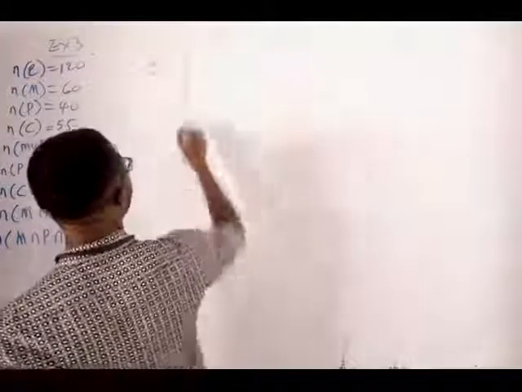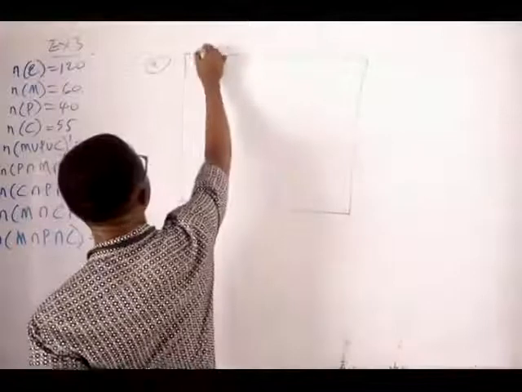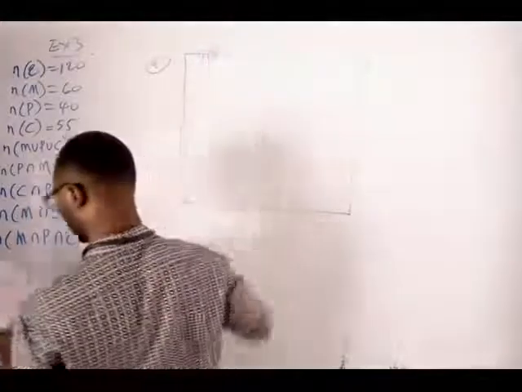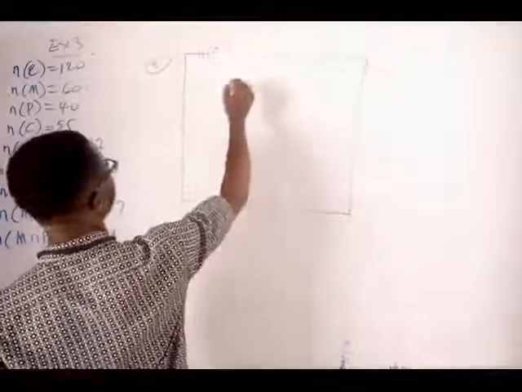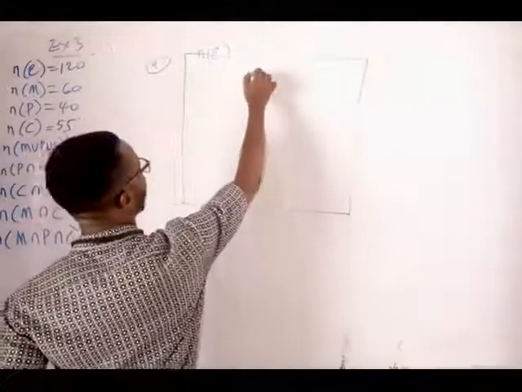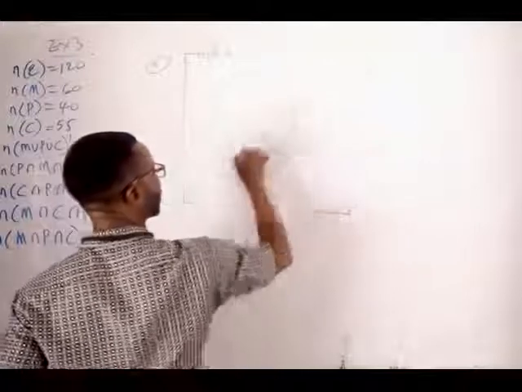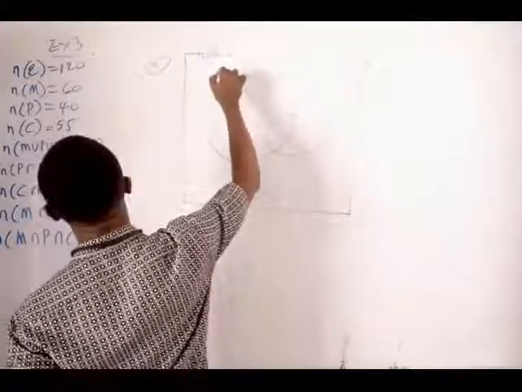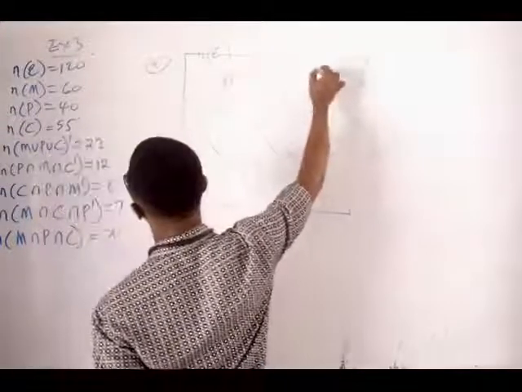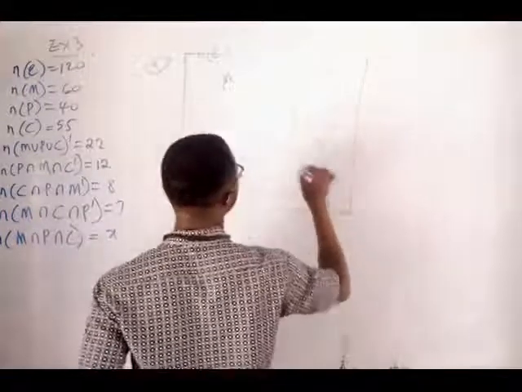We want to draw the Venn diagram. So there are 3, and there's something common to all of them because of the question we are given. So we have this, everything intertwined, and we have the mathematics, we have physics, and we have chemistry.